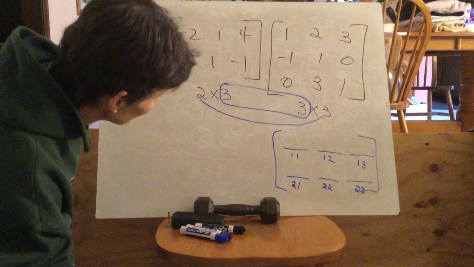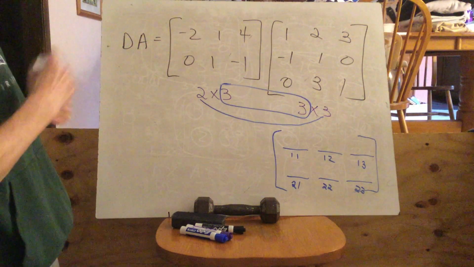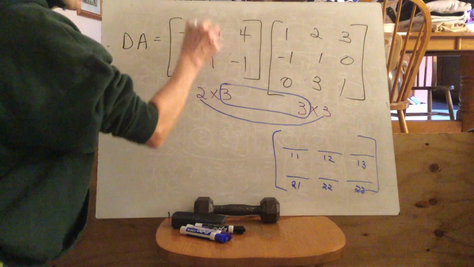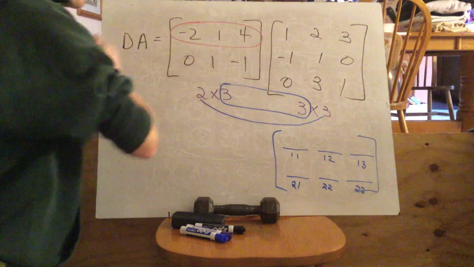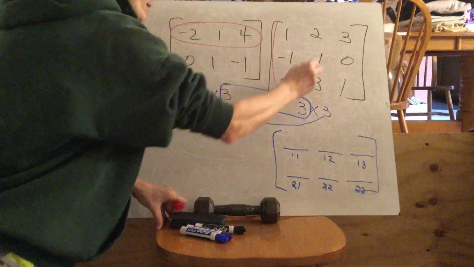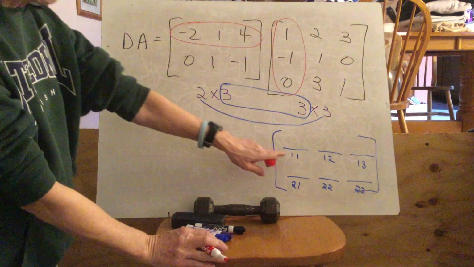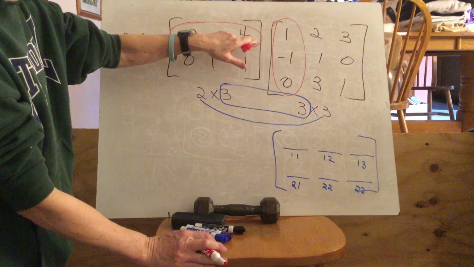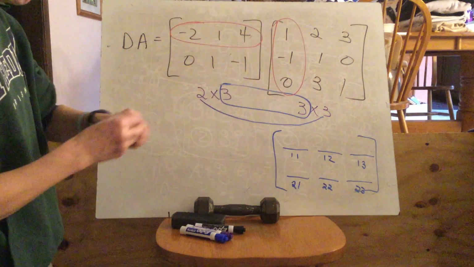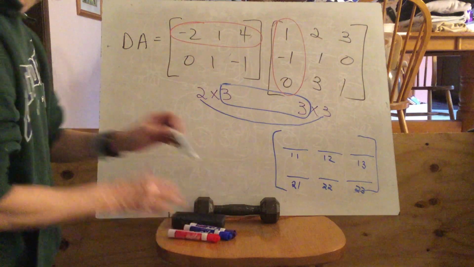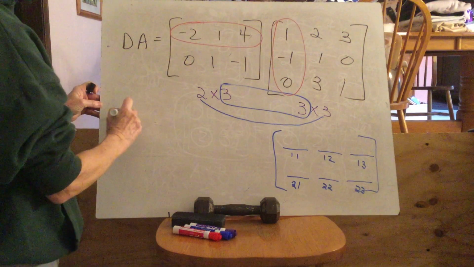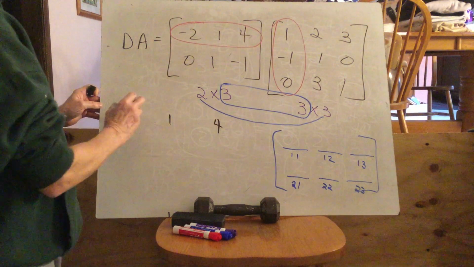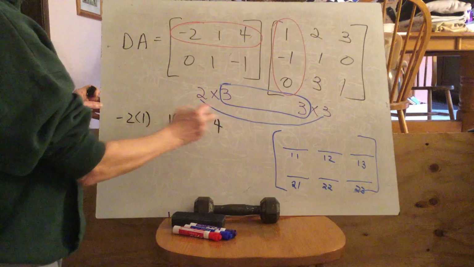I do that because remember, when you multiply, it's the row of the first matrix times the column of the second. So when this says first row, first column, I'm going to multiply the numbers in the first row times the numbers in the first column. So I'm going to write down -2, 1, 4. That's my first row. And then 1, -1, 0.